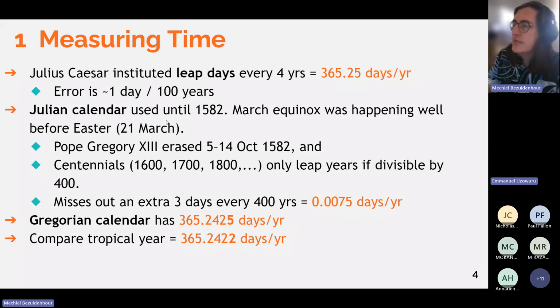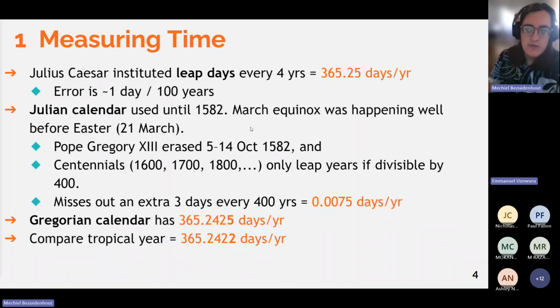So this calendar, called the Julian calendar, was used until 1582. And at that point, it became a problem that the March equinox was happening well before Easter. So you were losing so many days that the date usually reserved for Easter, which is an important date on the Christian calendar, was happening long after the March equinox actually happened.